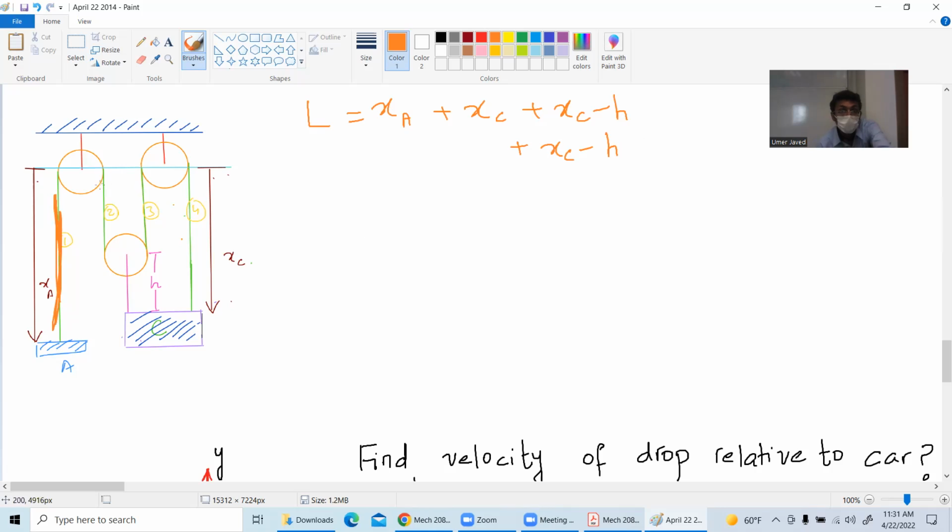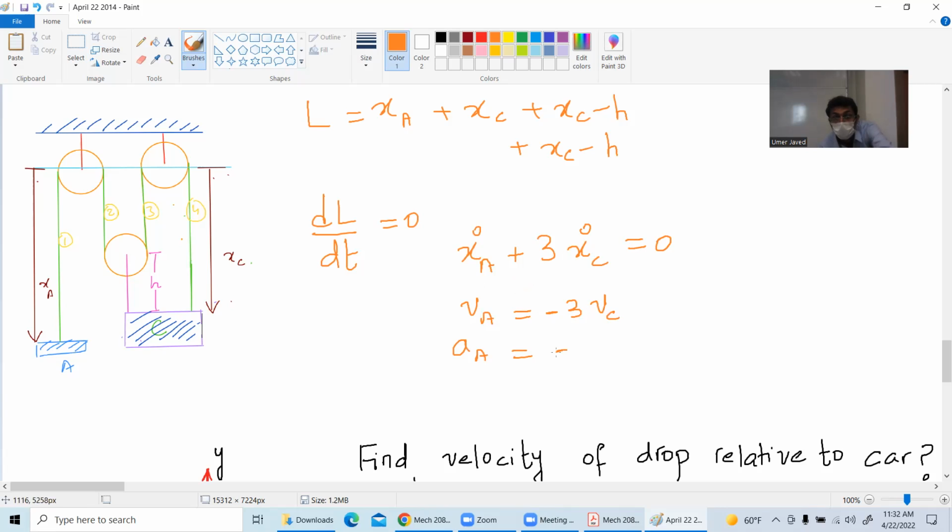XA plus XC plus XC minus H plus XC minus H. So L equal to constant, dL over dt equal to 0, and it gives me x dot A plus 3 x dot C equal to 0, and we get VA equal to -3 VC and AA equal to -3 AC. Boom. This is your mass C. This is your mass A.